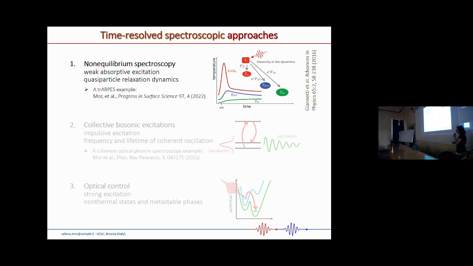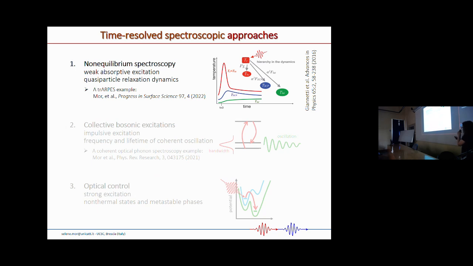A quasi-particle is a really basic concept in time-resolved spectroscopy, being an excitation which is coupled to the environment, so it's dressed by the environment. For instance, an electron is never really free after the photoexcitation. It can talk to the lattice and become a quasi-particle dressed by the phonons it is coupled to.